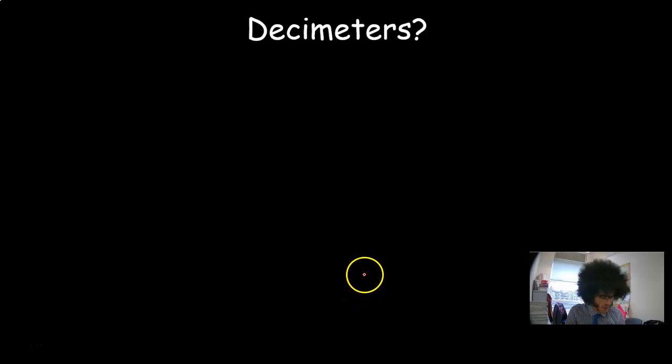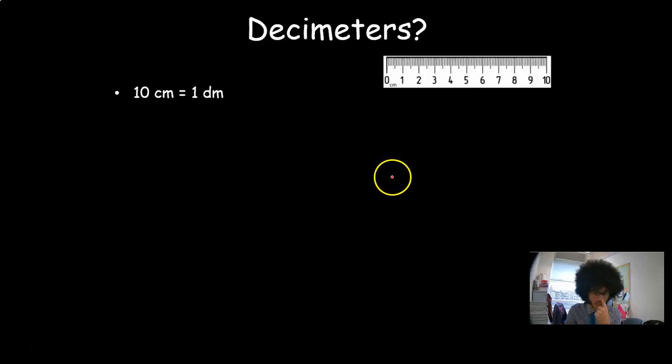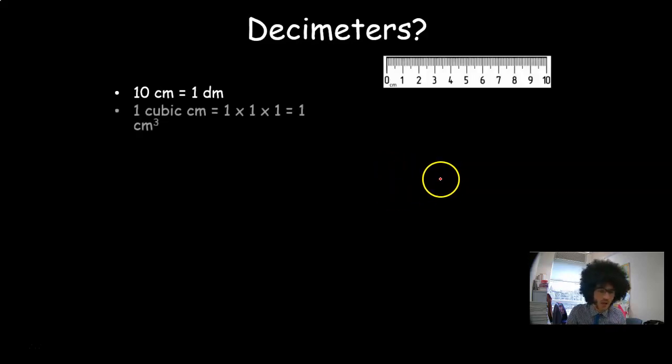So before I go any further, let's talk about decimeters. Now decimeters is probably a measure that you're unfamiliar with. 1 decimeter is 10 centimeters. Now if I've got 1 cubic centimeter, that is 1 times 1 times 1, because if this is a centimeter cubed cube, this would be 1 centimeter, and that would be 1 centimeter, and that would be 1 centimeter.